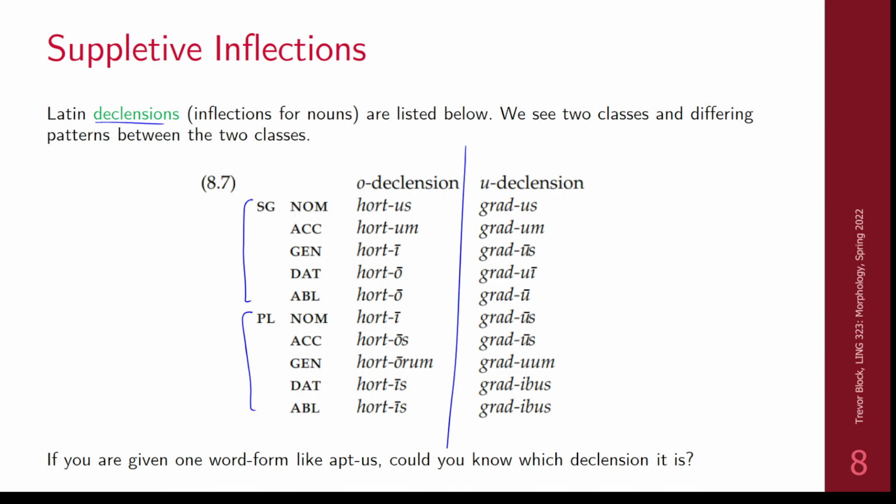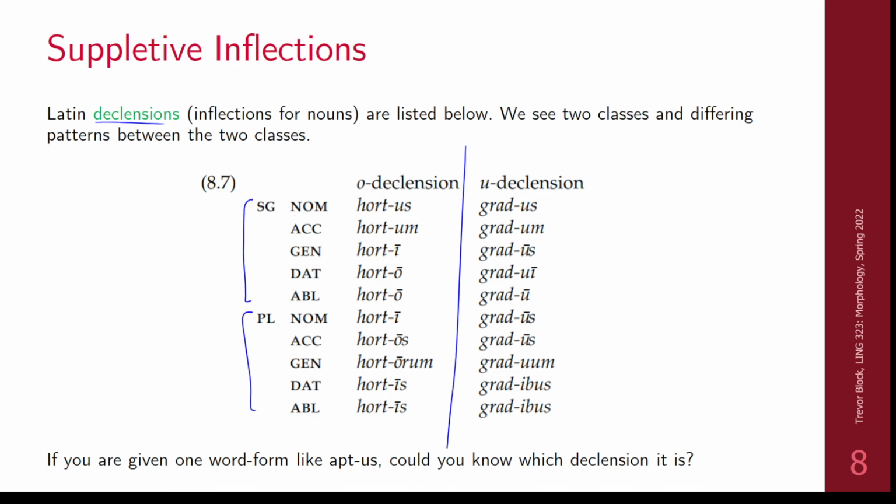So for example, if you want to use this word hort- and you want to use the singular dative, you would say hort-O, the long O. If you had a word like grad- and wanted to say the dative singular, well, that's a U declension, so you say grad-ui, or however that's pronounced. So depending on the noun, you have to use different declensions.